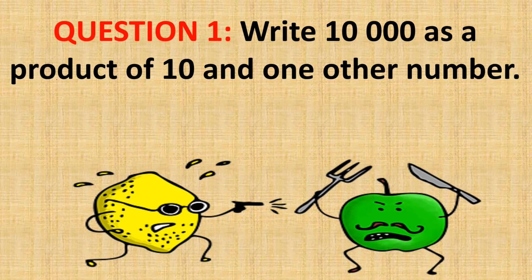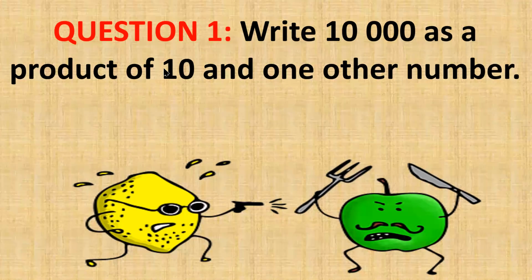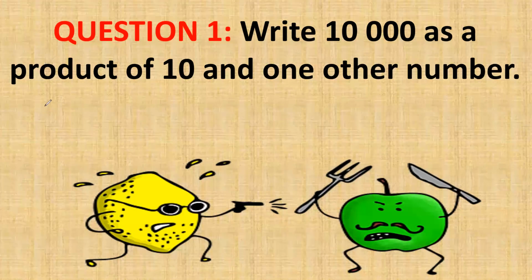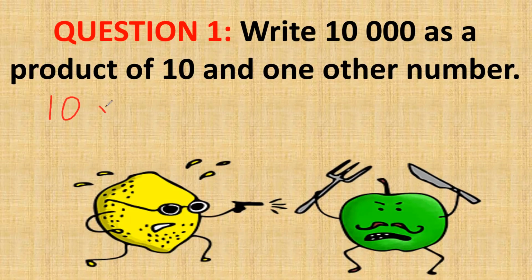So how are we going to get the answer for this question? First of all, they said product of 10 and another number. So we know already 10. So 10,000 divided by 10, what are you getting? 1,000, right? So you can write 10 times 1,000, you are getting 10,000.